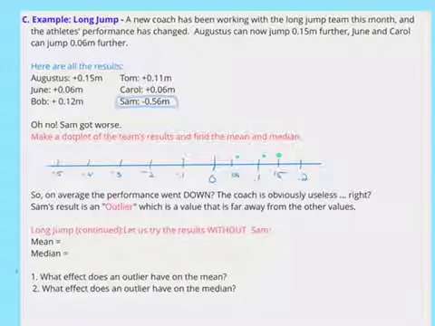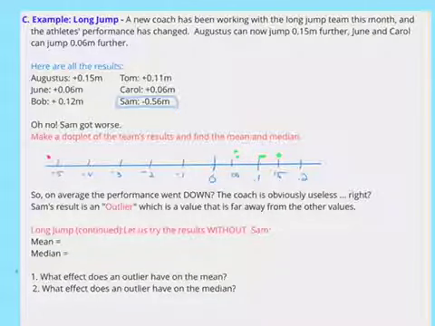His distance was very, very close to Bob's, just a little bit less, so it'll be at 0.11. Carol is the same as June, so we're going to have a stacked dot here. And then Sam actually got worse. His point is over here at negative 0.56, so we're going to put him right about here.